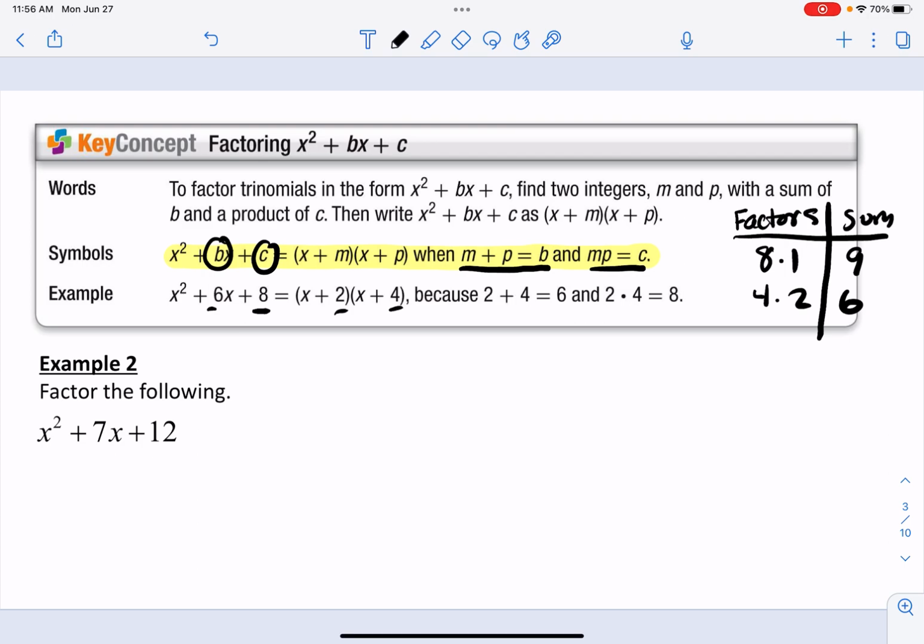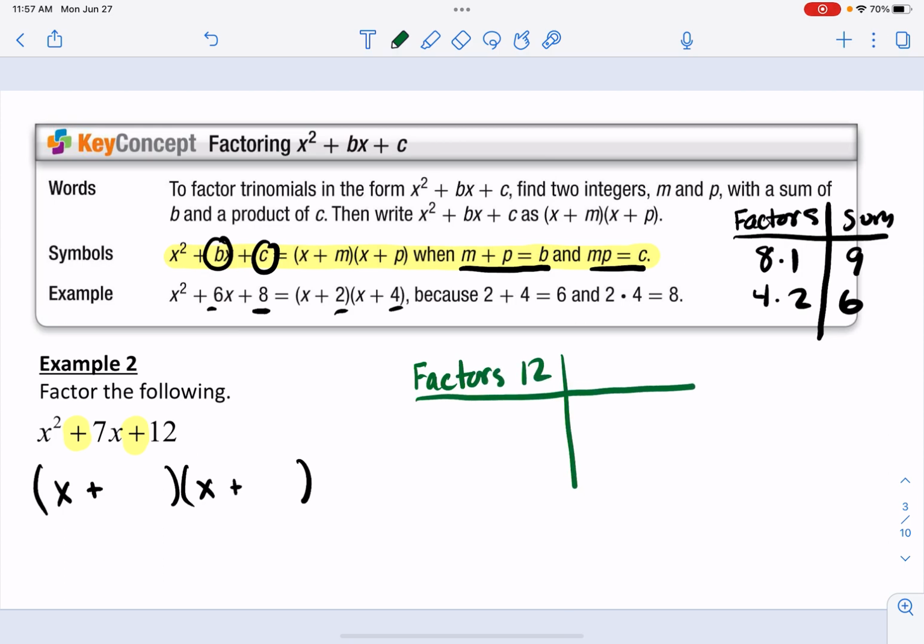So factoring this x squared plus 7x plus 12. An x times an x. Both this is positive and this is positive. If those are both positive, you put a plus sign in the middle. So I now need to look for the factors of 12, and then we're going to see what the sum of those numbers are.